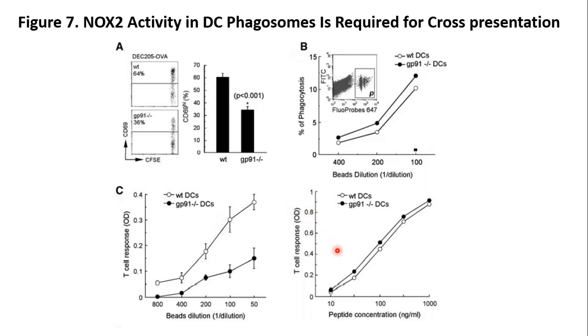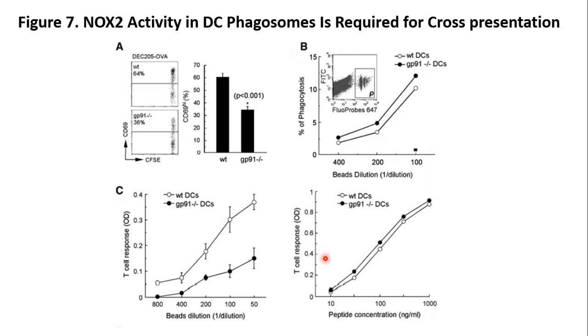So this graph is important to set this up more clearly. So the presentation of the corresponding peptide was similar in both DC populations. Sorry, I'm going to go back here to present more clearly.